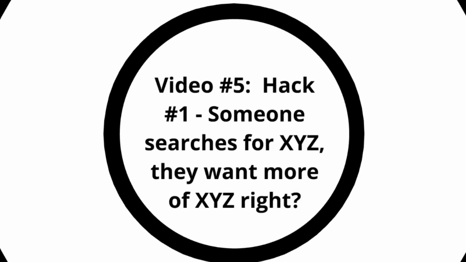They might find it, but then they're going to look for more of that. In other words, they search for XYZ, they want more of XYZ. So how can you make it easier for them to find that information, such as with related posts? What kind of plugins can you use to help you with that?